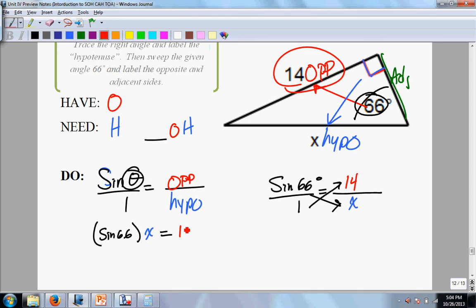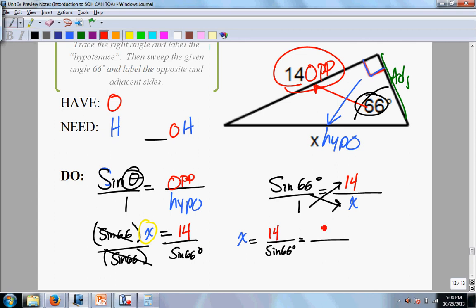You're not done yet because x is not by itself. To get x by itself, you have sine 66 together divided by sine 66. So x is going to equal 14 divided by whatever the sine of 66 degrees is.